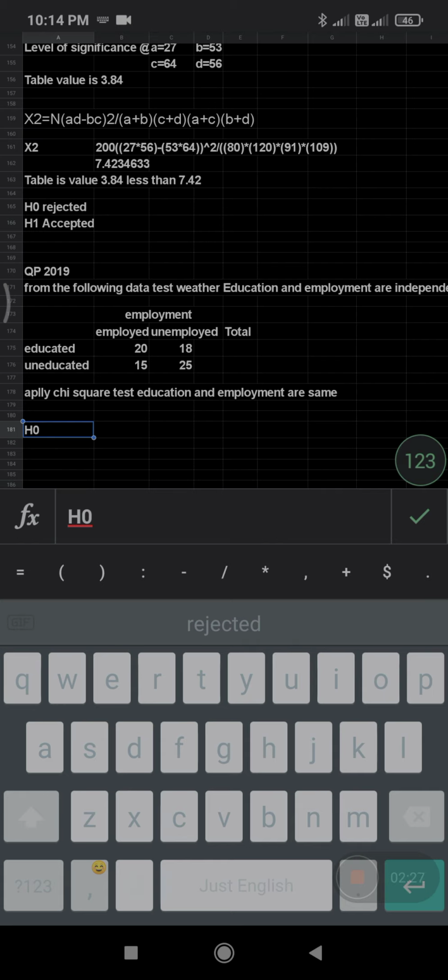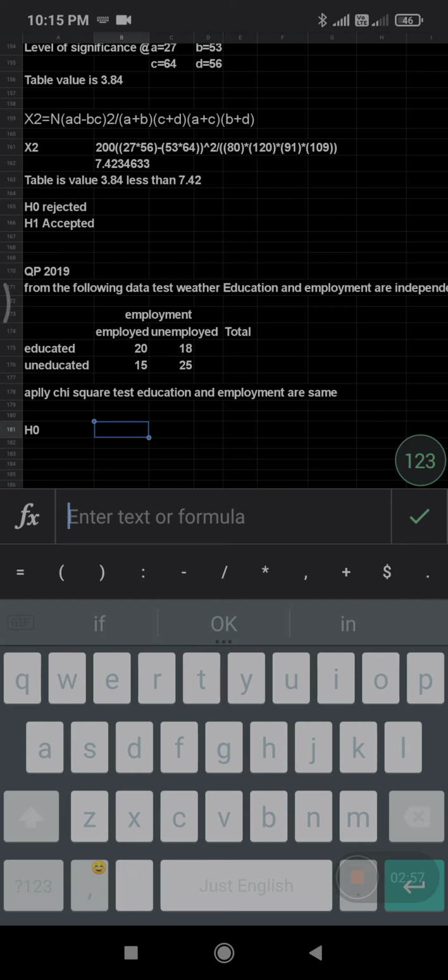The hypothesis given here is: apply the chi-square test, education and employment are same. Now I have to prove that education and employment are not same, so that is the alternative hypothesis. That's why we reject the null hypothesis using the alternative hypothesis.